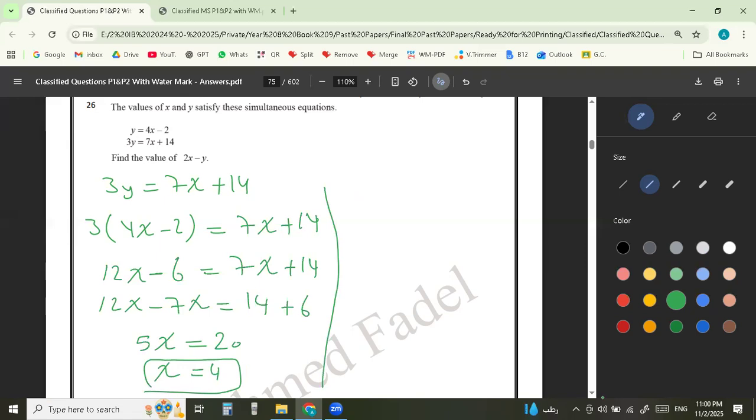I'm going to substitute in the first equation here, y equals 4x minus 2. y equals, I got x is 4, 4 times 4 is 16 minus 2. So y equals 16 minus 2. y equals 14.